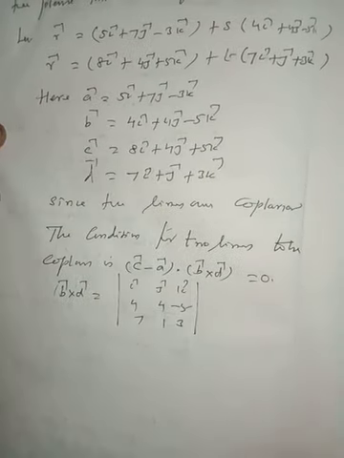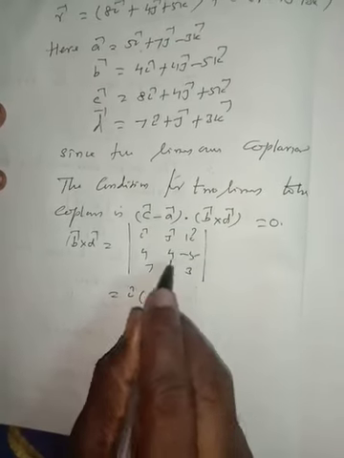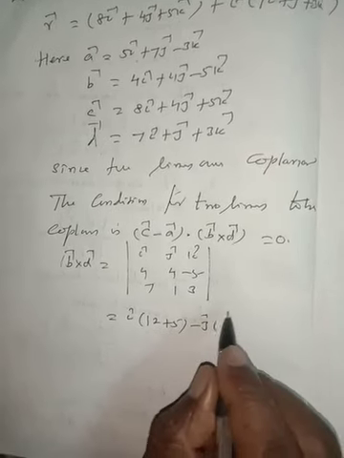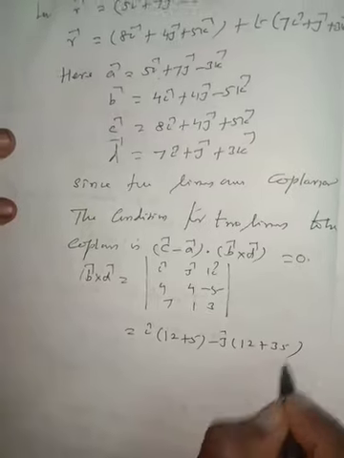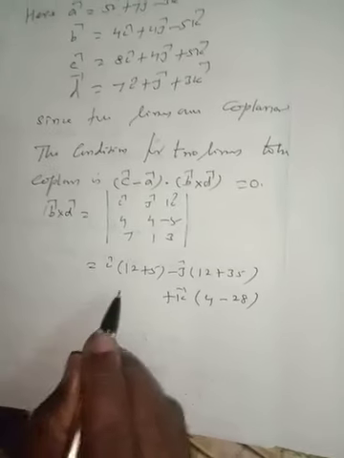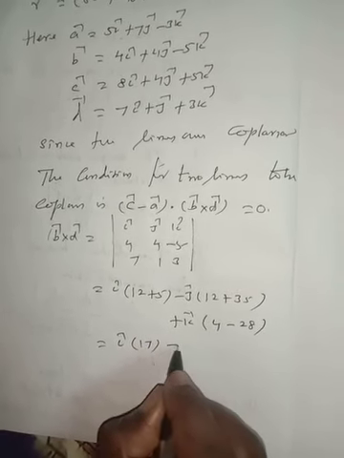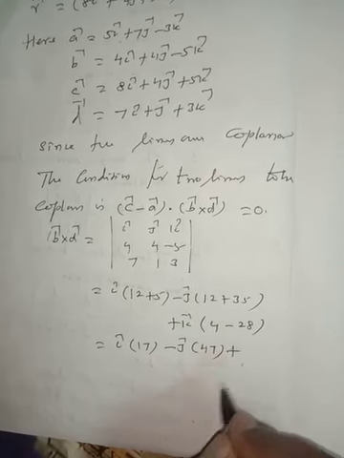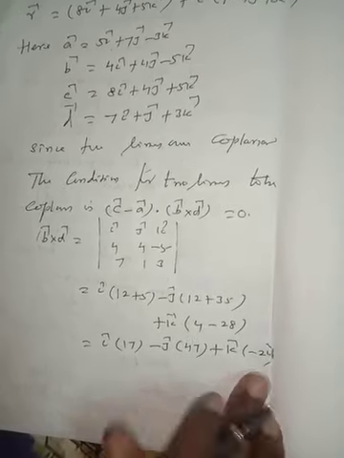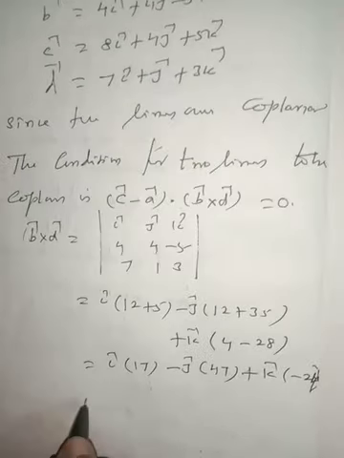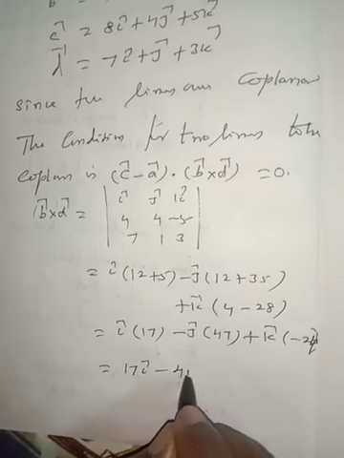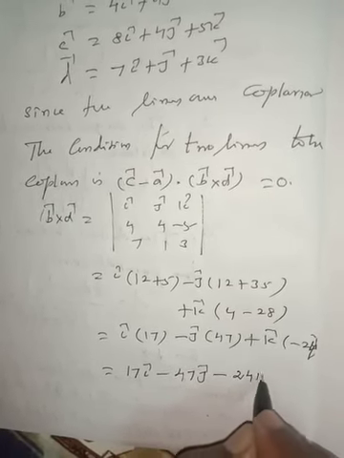Expanding this we get b cross d equals i vector (12 plus 5) minus j vector (12 plus 35) plus k vector (4 minus 28), which is i vector 17 minus j vector 47 plus k vector of minus 24, equal to 17i vector minus 47j vector minus 24k vector.